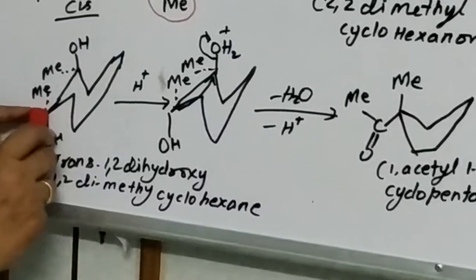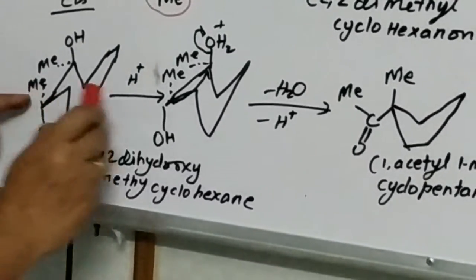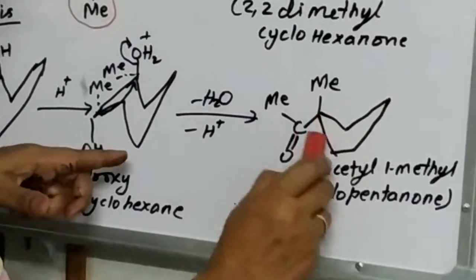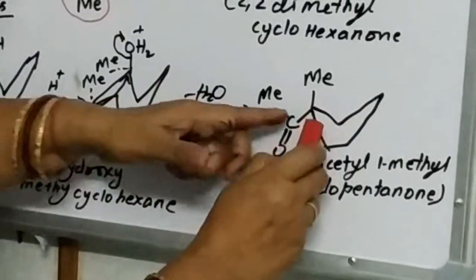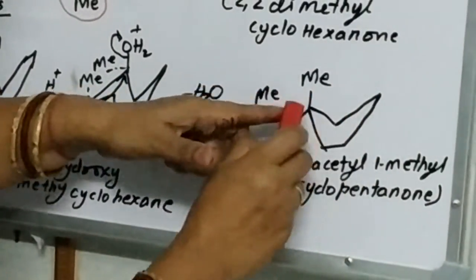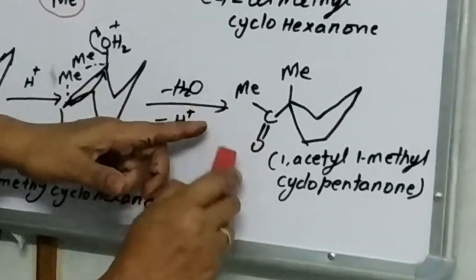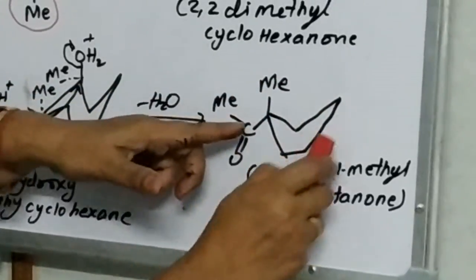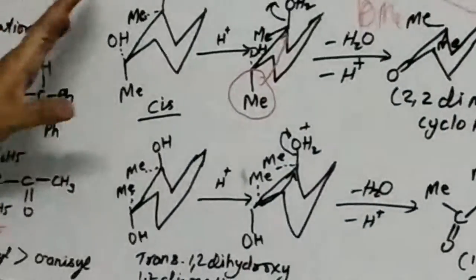Therefore, this CH2 of the ring will migrate to this, and in place of the hexane ring it will convert to a cyclopentane ring, and the product will be 1-acetyl-1-methyl cyclopentane. So this is the trans effect.